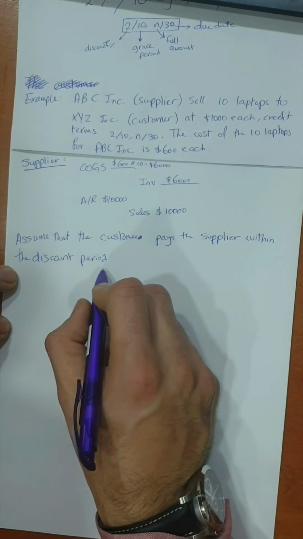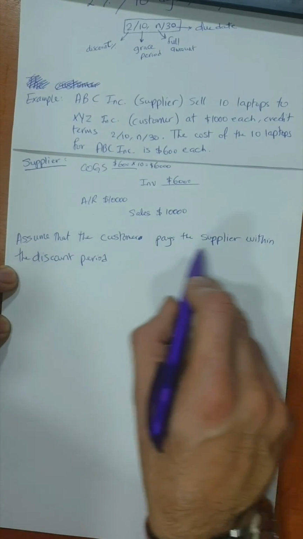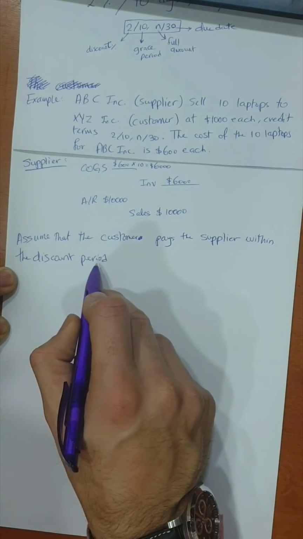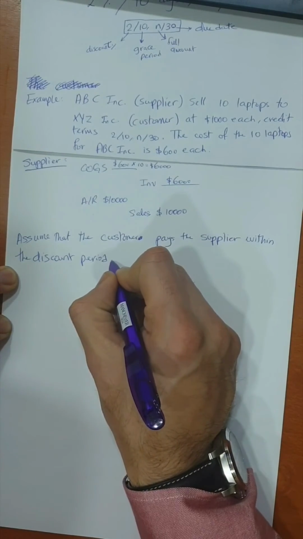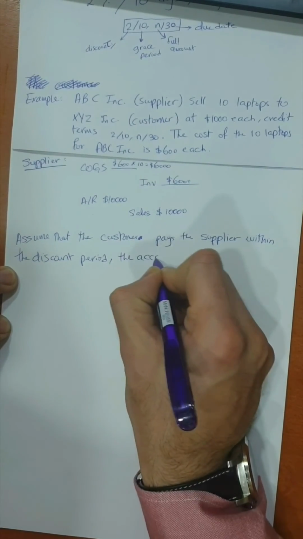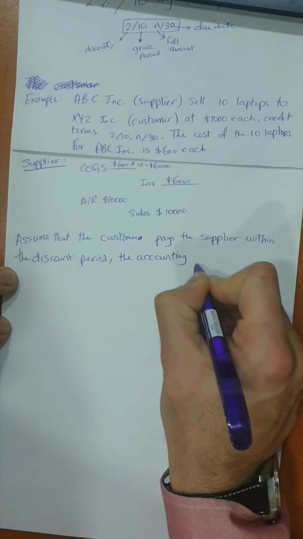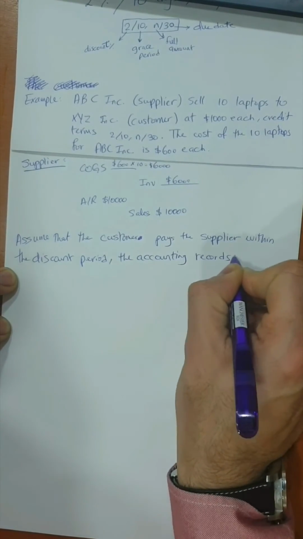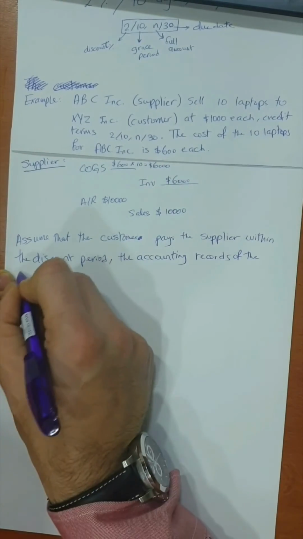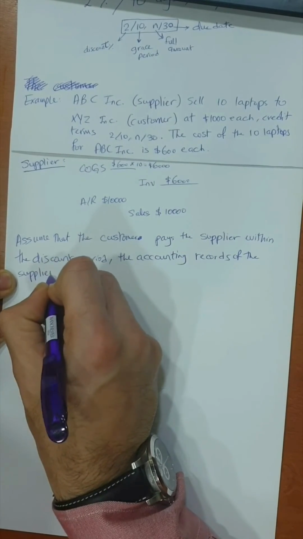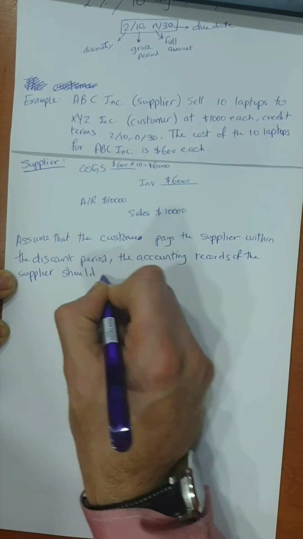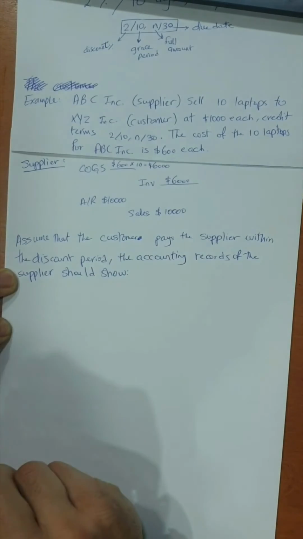So assume that the customer pays the supplier within the discount period, the accounting records of the supplier should show the following.